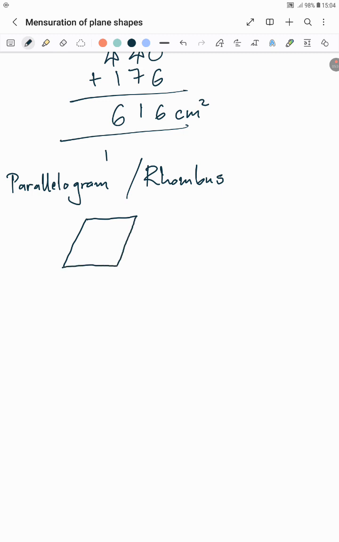So the perimeter of a rhombus, let's look at a rhombus now. The perimeter of a rhombus is the same as that of a square because the sides are equal. So we are saying 4 times side.